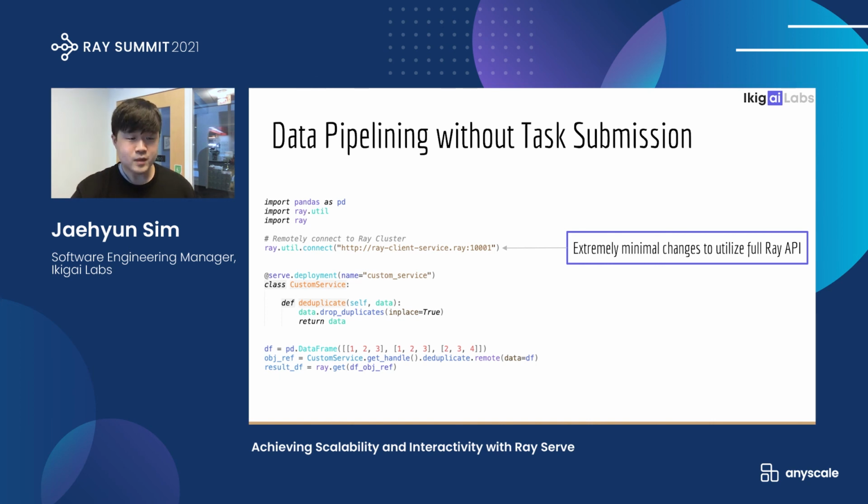As a result, we're not going to create a Python file that looks like this and submit it to the Ray cluster, but we're going to be able to just run this Python file locally, and then the Ray client would actually run the script as if we're already on the cluster. So as you can see, it's extremely minimal changes to utilize the full Ray API.